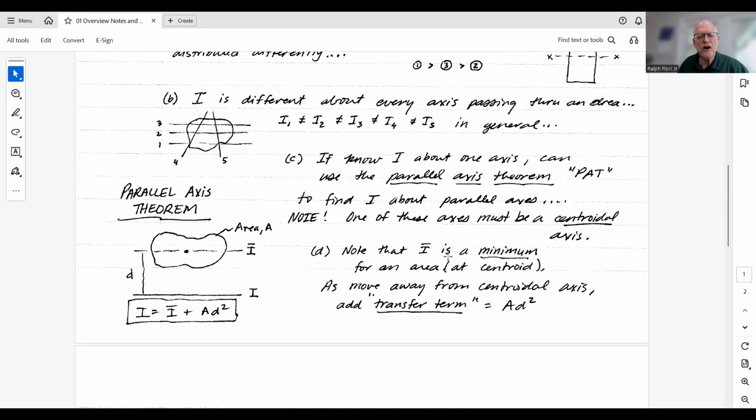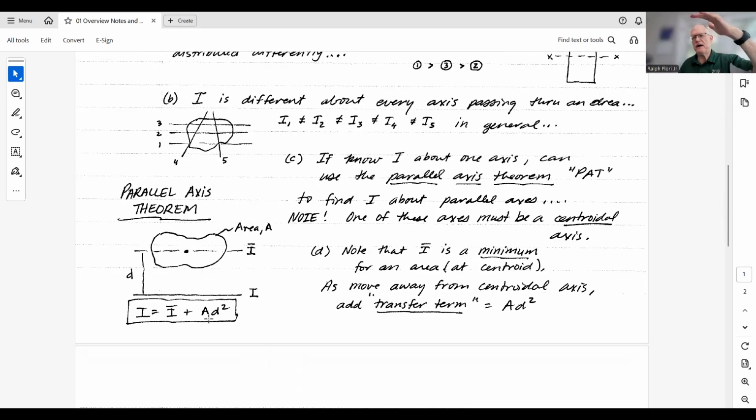Note that I bar is a minimum for an area at the centroid, which we already noted. And as you move away from the centroidal axis, I increases by the factor AD squared. And so again, the further away you go, the number gets larger. One more point that I'll make here is that area moment of inertia is a positive number because you're squaring the distance.